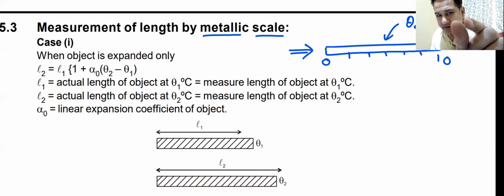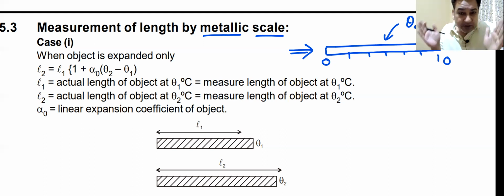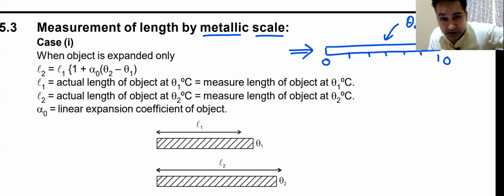The spacing between 1 mm or 1 centimeter will increase. Now, 1 millimeter does not increase, but the spacing between 1 mm increases, so it will give you a lesser reading. The object will be longer, but you will be getting a shorter reading. Do we understand this? Yes, sir. Okay, now in this notes, have you got this notes with you now?